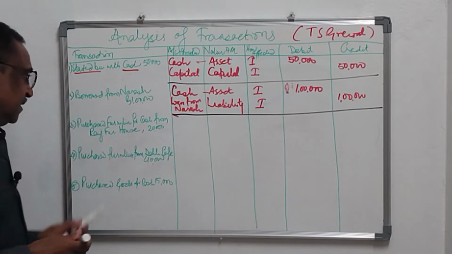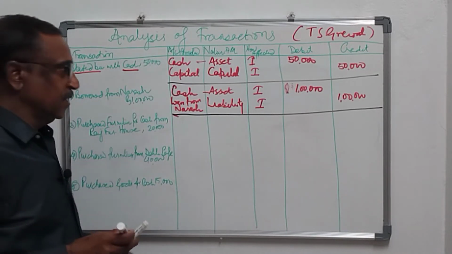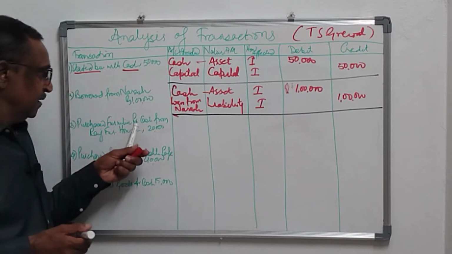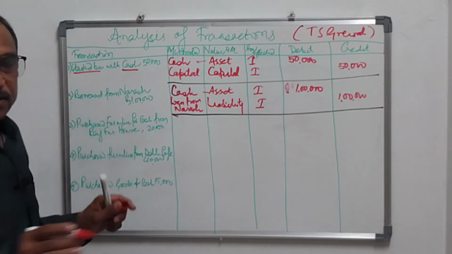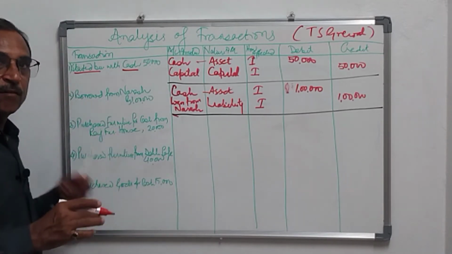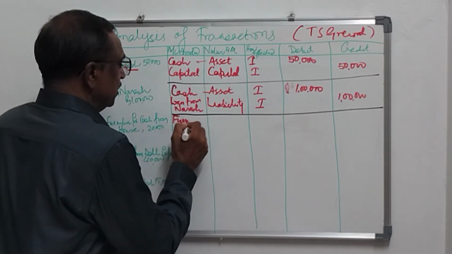Next transaction is purchase of furniture for cash from Raj Furniture House 20,000. Now the business has purchased furniture. So there was no furniture, now furniture has come. So furniture is involved.